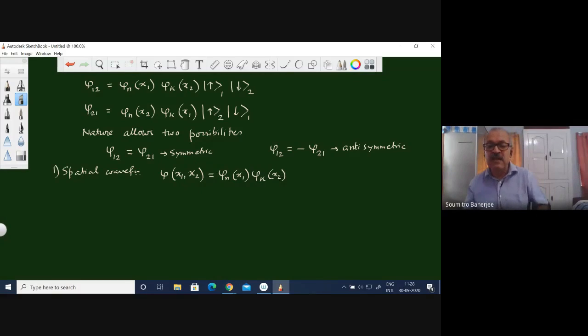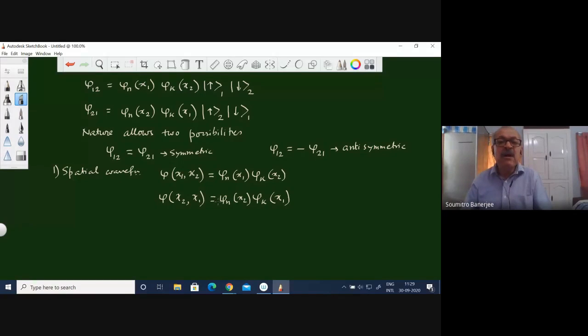This is something that we've seen in the last class. And your psi x2 x1 is equal to, now in this case, psi n x2 and psi k x1. So basically the logic that runs through this whole identical particle business is that if I swap the 1 and 2, that will make no difference. So that is the basic idea.